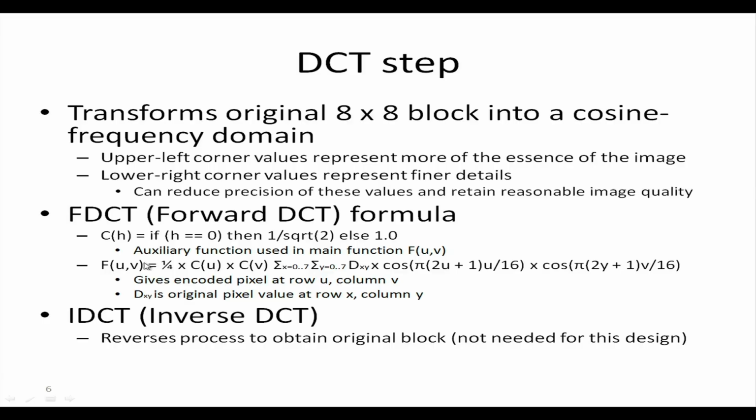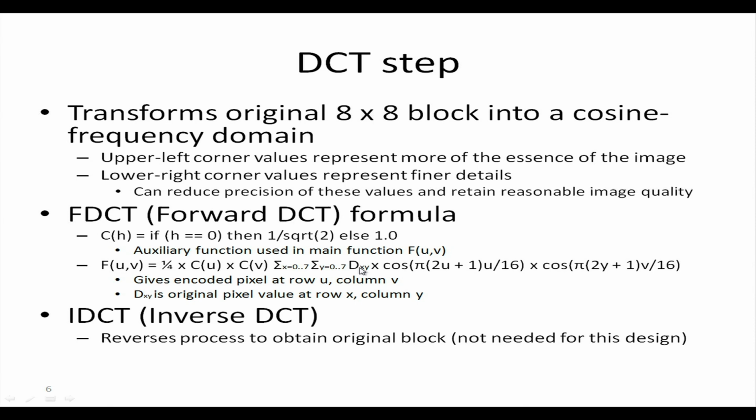So, for each pixel we take different u's and v's, 1/4 C(u) C(v), and then sigma over x, that means row wise from 0 to 7, all the 8 rows, and then column 0 to 7.